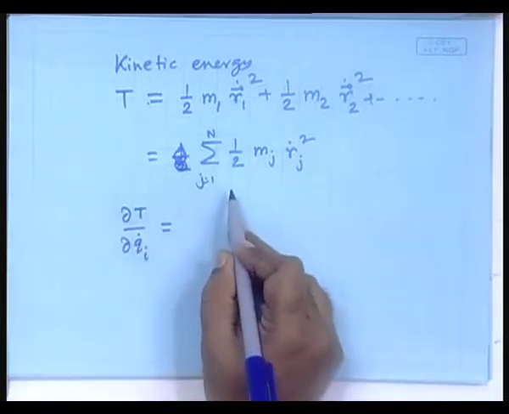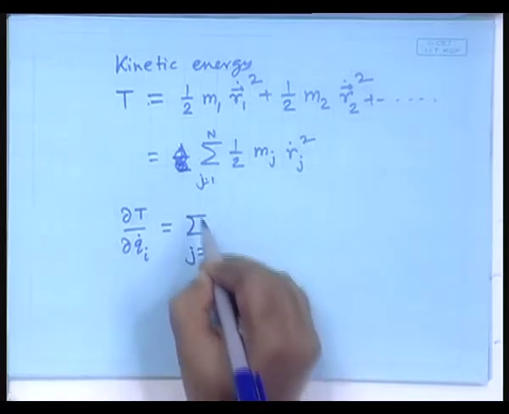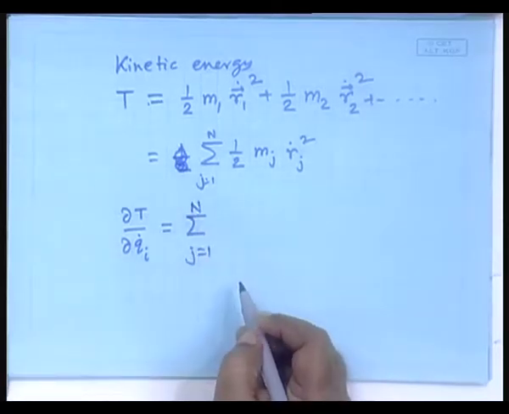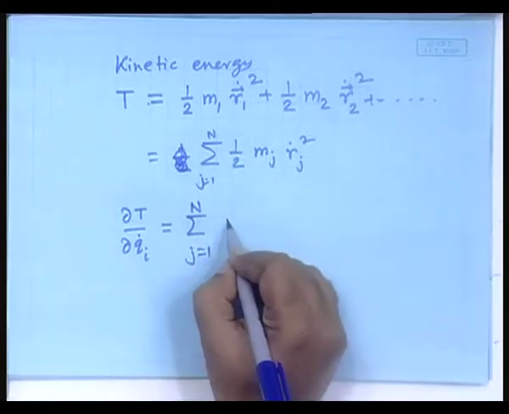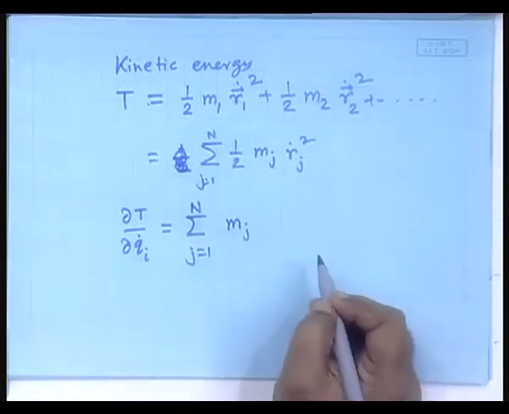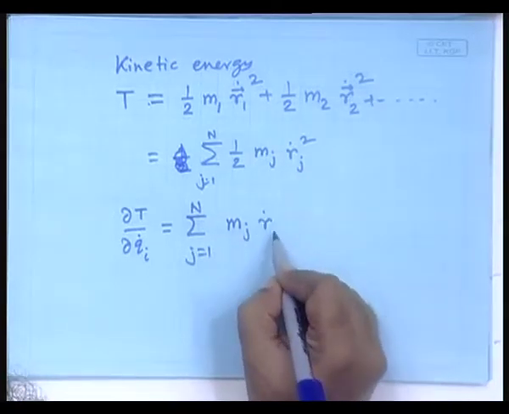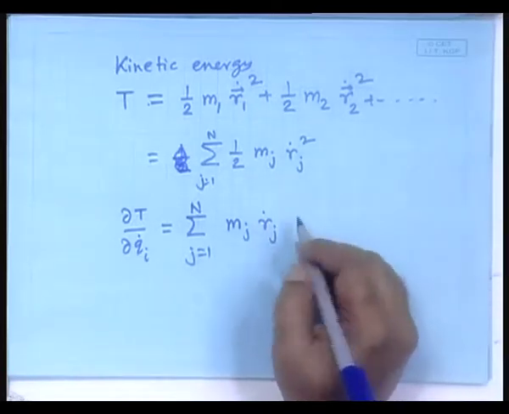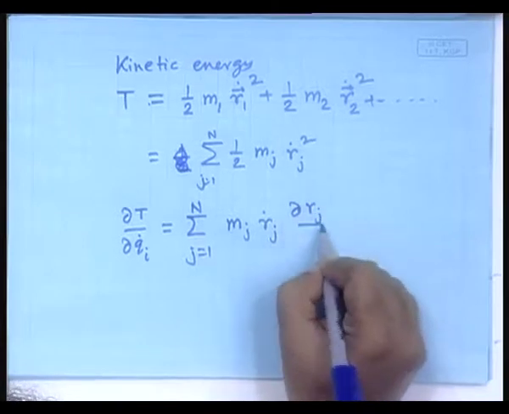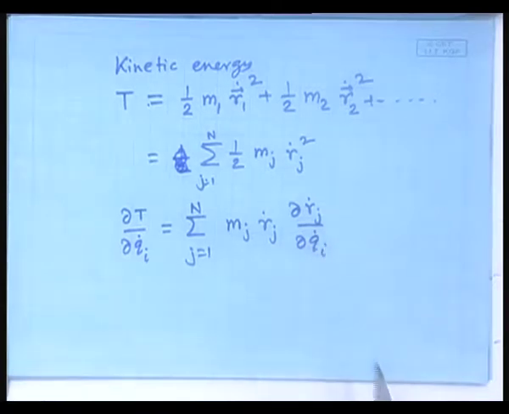If you take, what do you have in the right-hand side? We have the summation first, j is equal to 1 to capital N. When you take this derivative, this 2 comes forward and gets cancelled with the half. So, it will be m j r dot j and then the derivative of r j, del r dot j del q dot i.